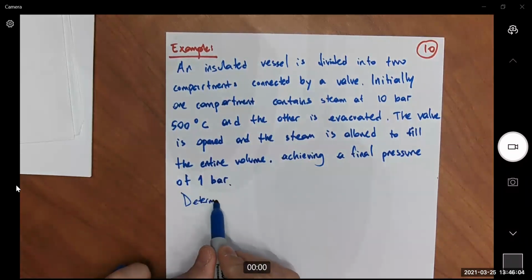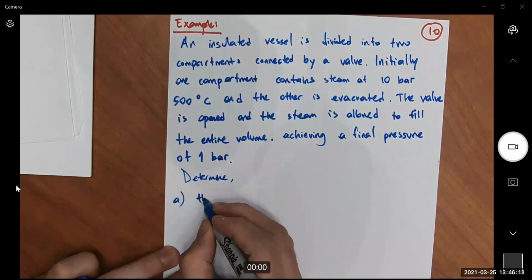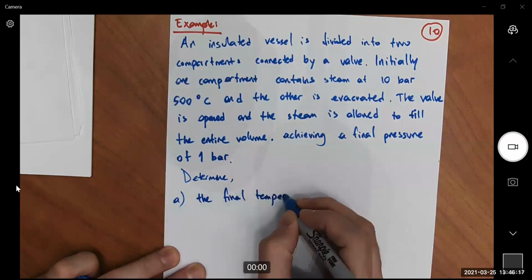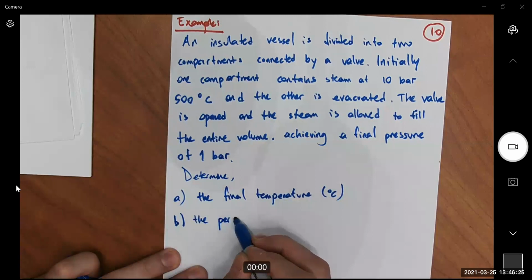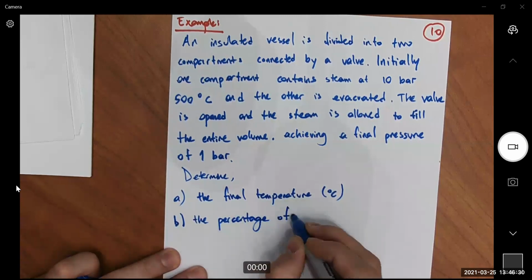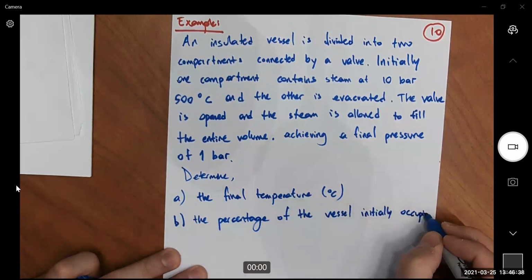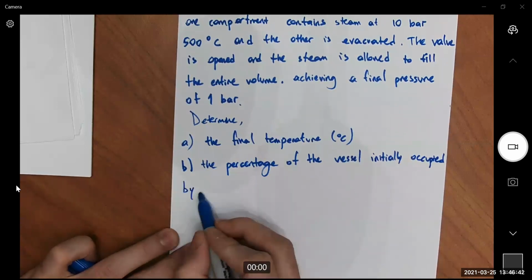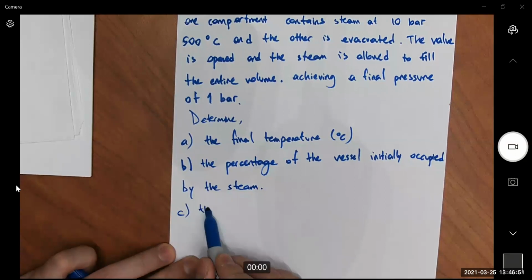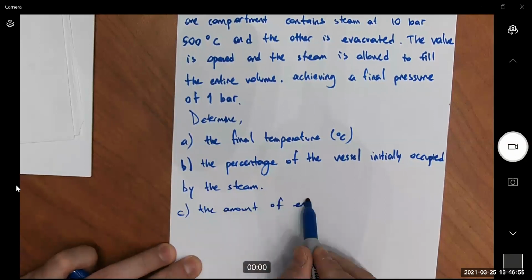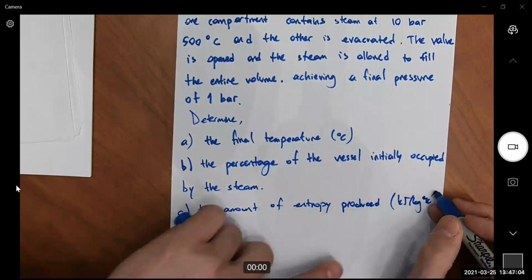Determine: A, the final temperature in Celsius; B, the percentage of the vessel initially occupied by the steam; C, the amount of entropy produced in kilojoules per kilogram Kelvin.